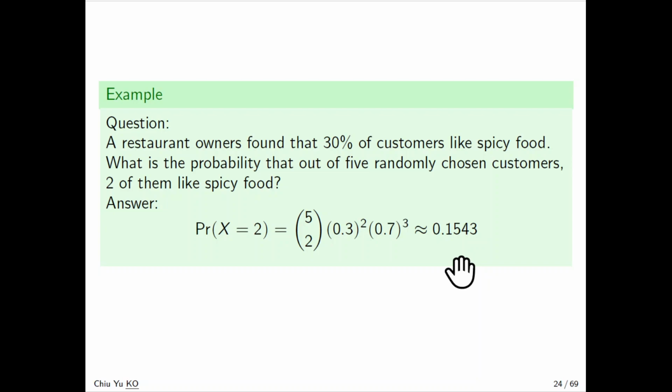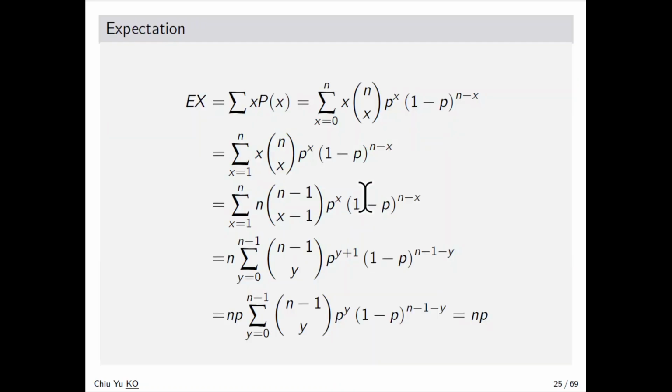So it's a binomial distribution with n equal to 5, p equal to 0.3, and we want the probability that x equals 2. We directly apply the definition: 5 choose 2, times 0.3 to the 2, times 0.7 to the 3. You can easily check with a calculator; it's 0.1543.